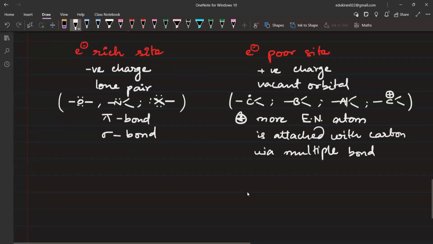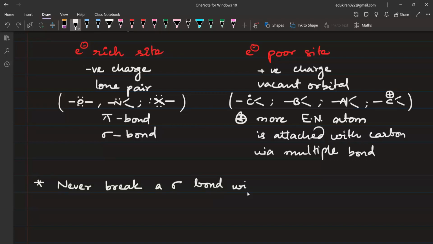Now, the second tip that you have to always remember is that never break a sigma bond while making a resonating structure. Sigma bond never breaks.